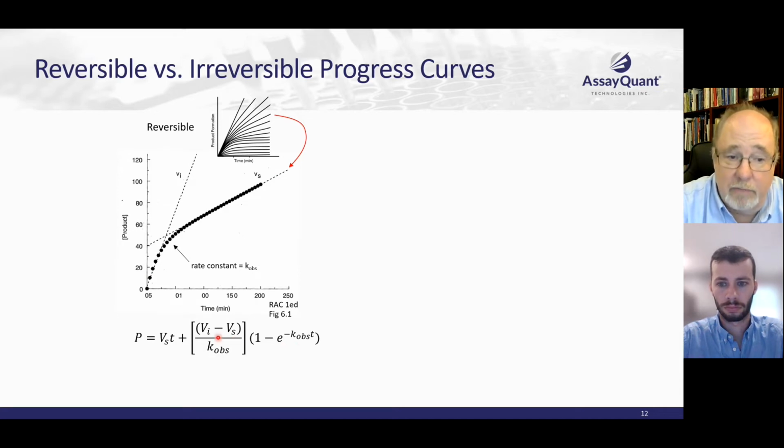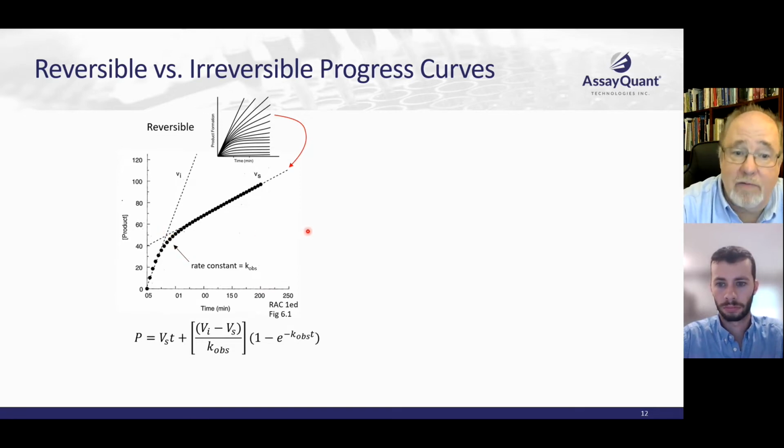And it looks like this, where VI is the initial rate, VS is the final rate, the steady state velocity rate, and K observed is this rate constant here. And so it's an e to the minus KT type of exponential equation, and you can monitor this over time, okay? And you can actually use this to generate K observed as an alternate to what I showed you before.